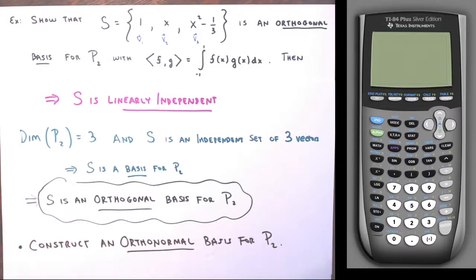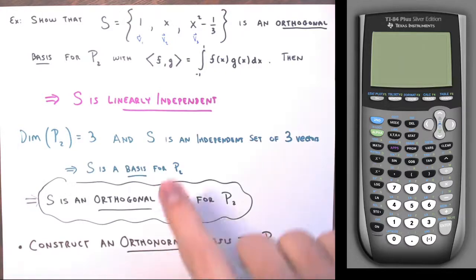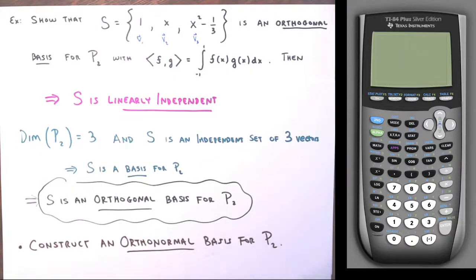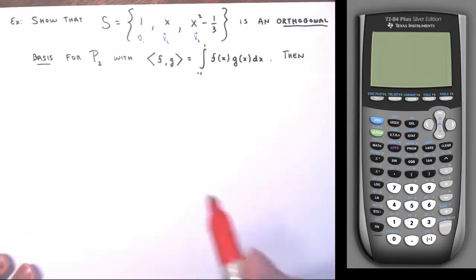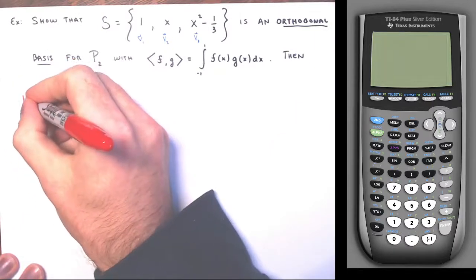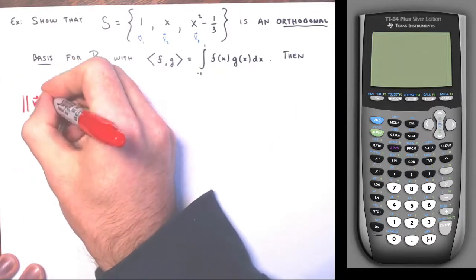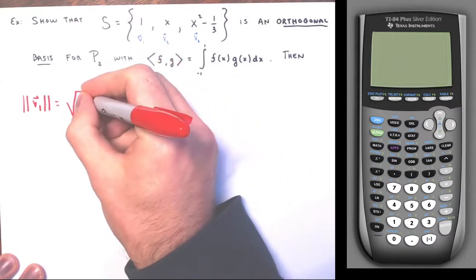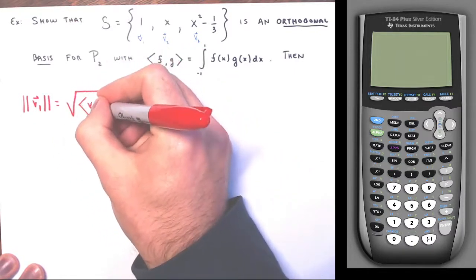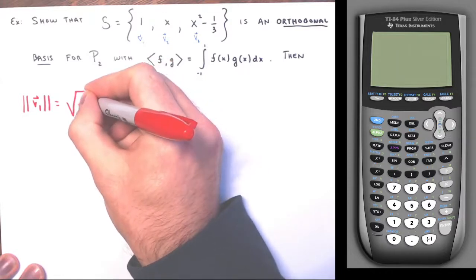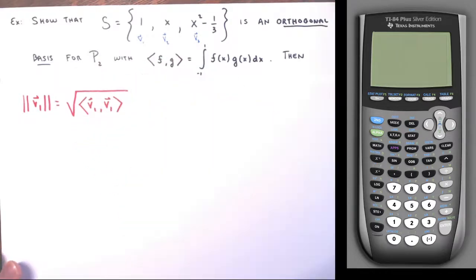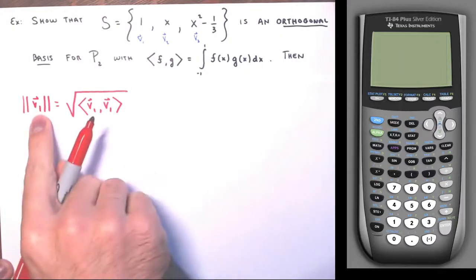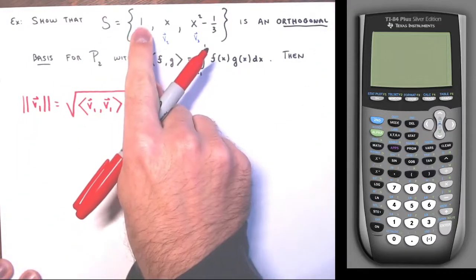So this will involve normalizing these vectors, finding the norms. So what's the norm of V1? Remember, this is the square root of the inner product of V1 with itself. V1 is the polynomial 1.